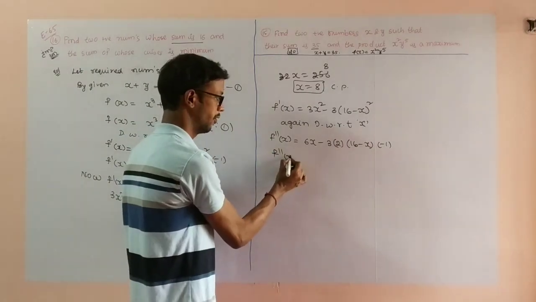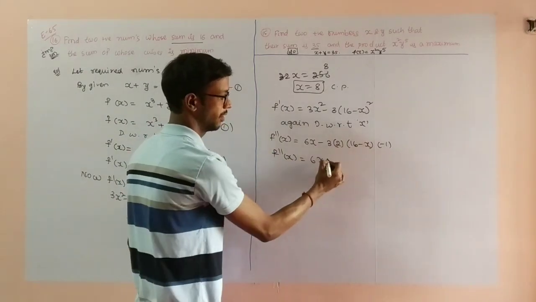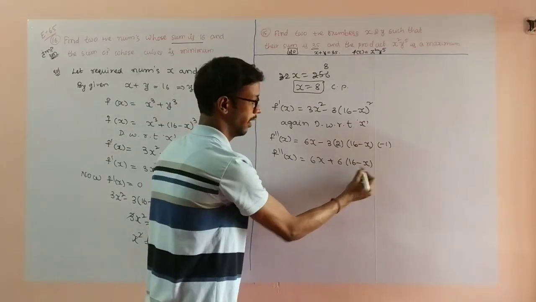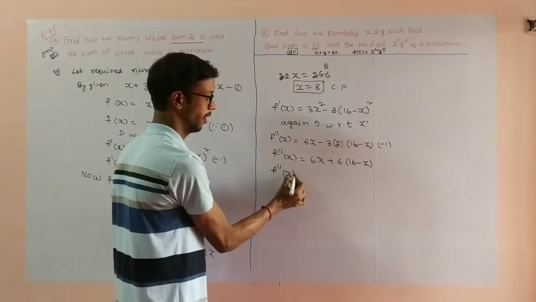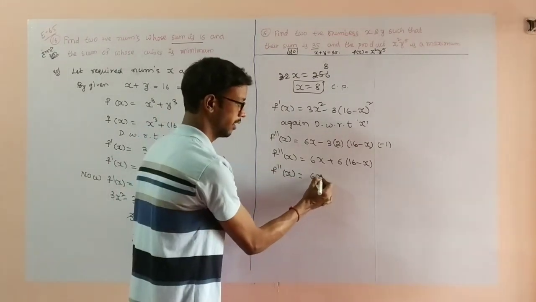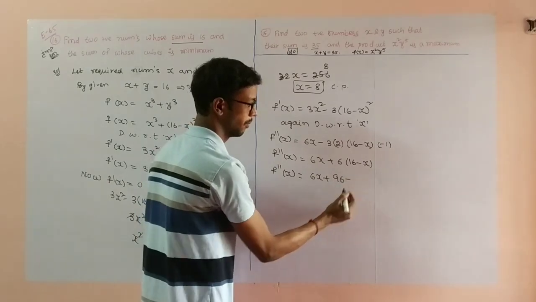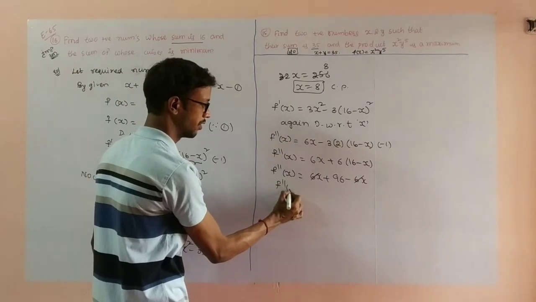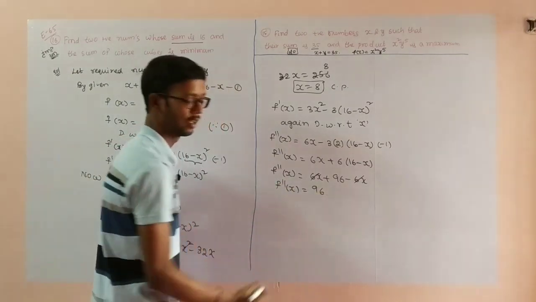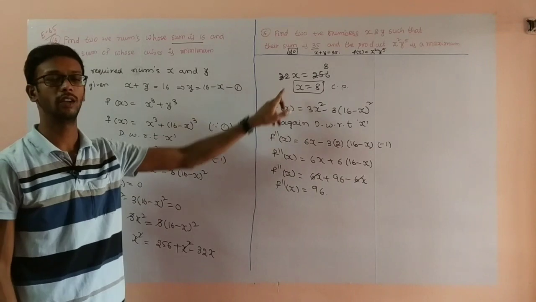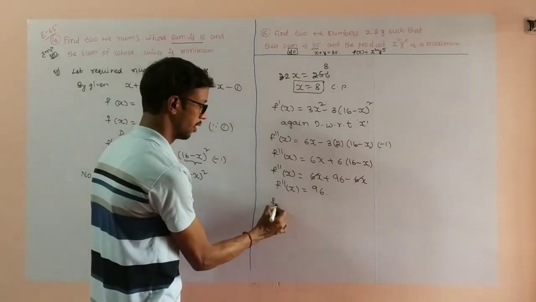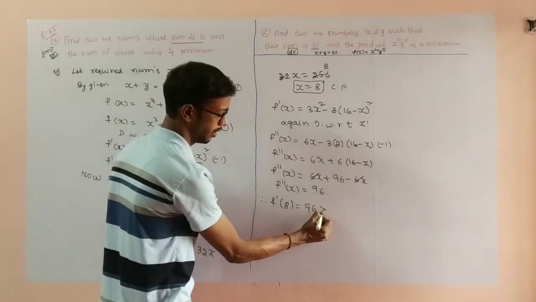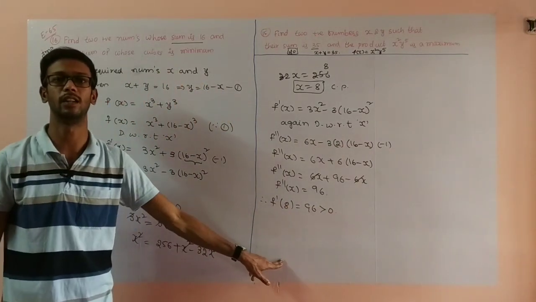F double dash of x is equal to 6x plus 6 into 16 minus x. F double dash of x is equal to 6x plus 96 minus 6x. 6x gets cancelled. F double dash of x is 96. Now the critical point you have to substitute here. Therefore f double dash of 8 is equal to 96, positive, greater than 0.